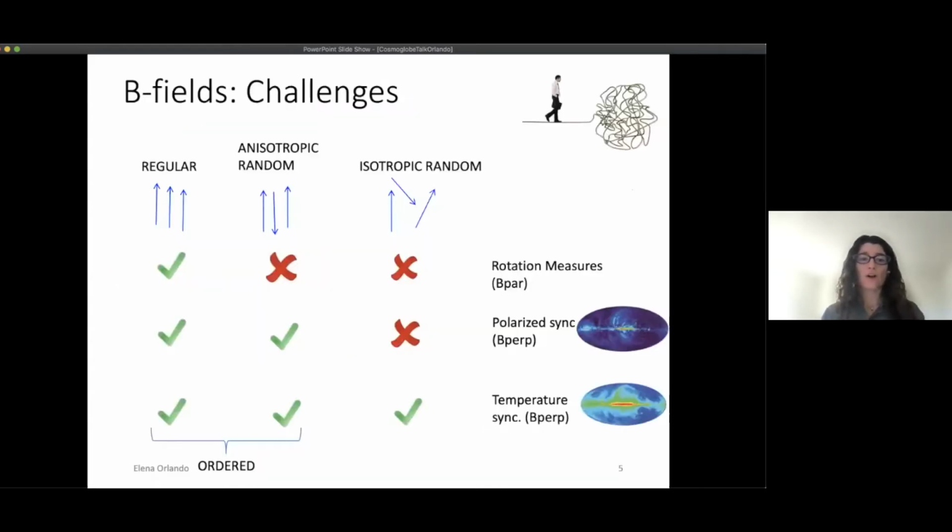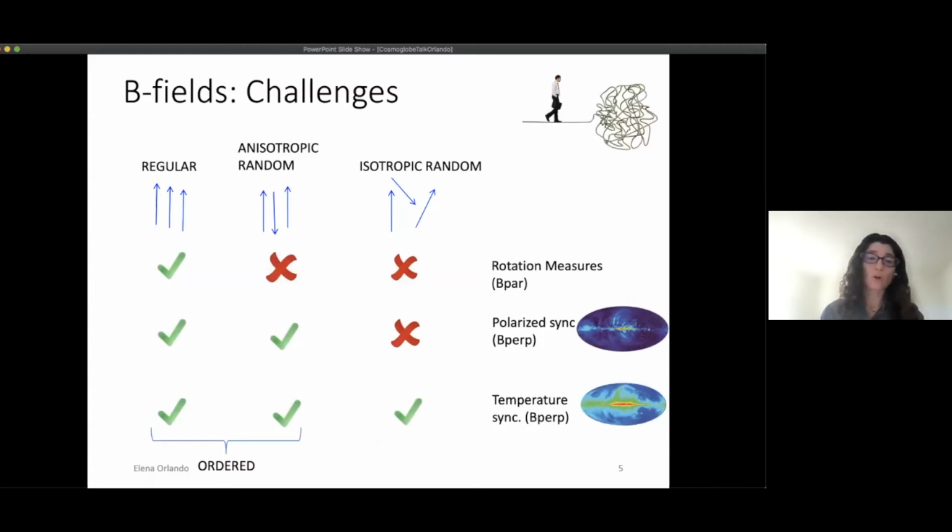Our knowledge of the galactic large-scale magnetic field comes from various observables, and at present it is very limited. It is believed that there are three components of the magnetic field: the regular, the anisotropic random, and the isotropic random component. The regular component is traced by rotation measures, the parallel component only, actually, and also traced by polarized synchrotron and synchrotron temperature.